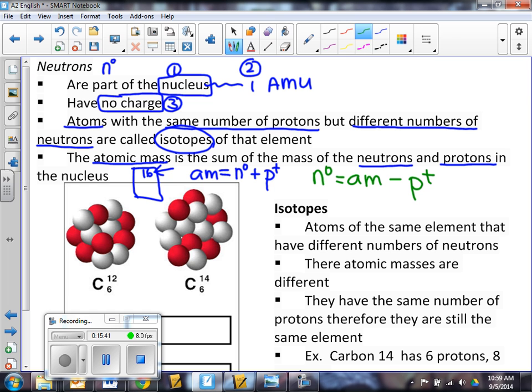Okay. And don't worry about isotopes. We'll do isotopes afterwards. I just want to make sure up to this point right here, everyone's good.